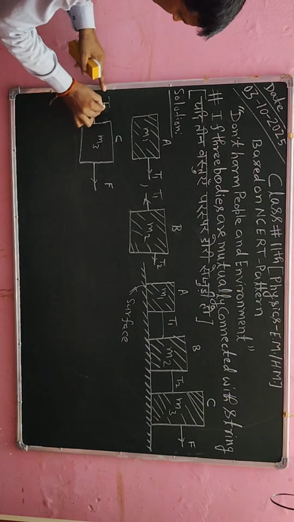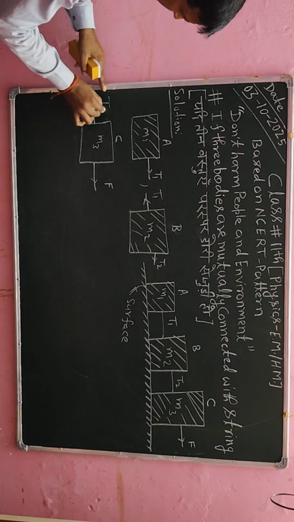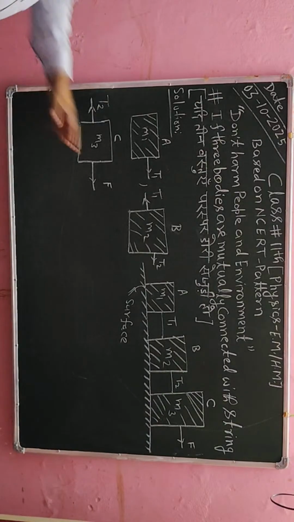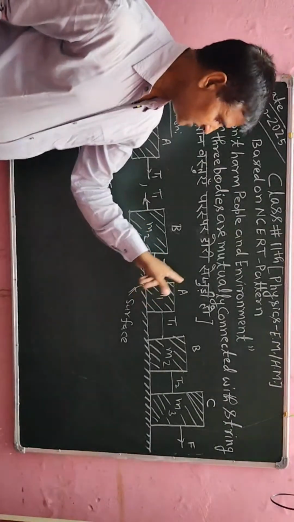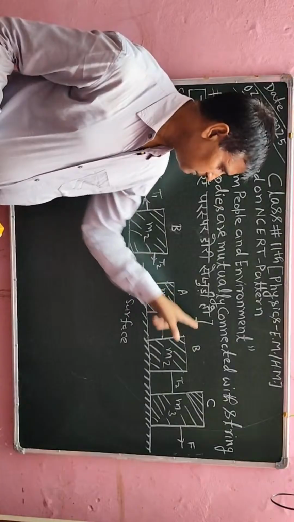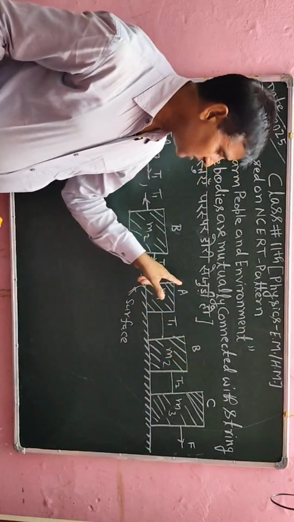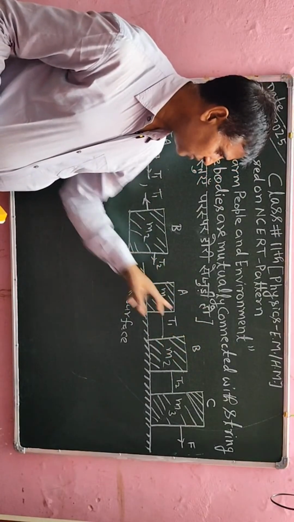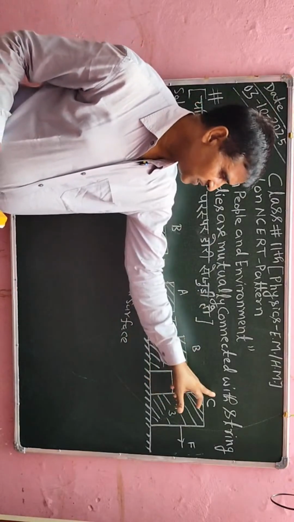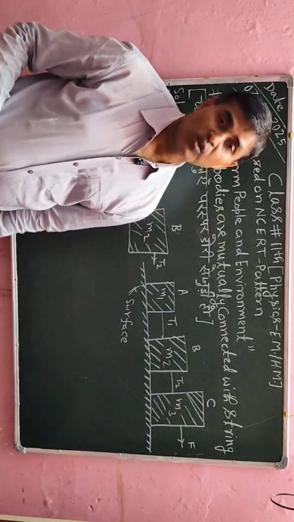This is the tension force T2. So all these three bodies are named A, B and C, where body A has mass m1, body B has mass m2, and body C also has mass m3.